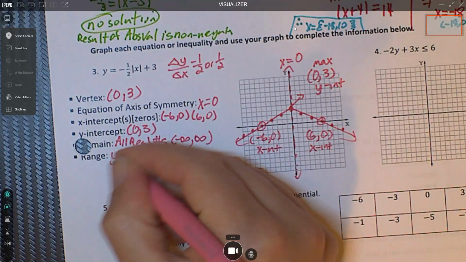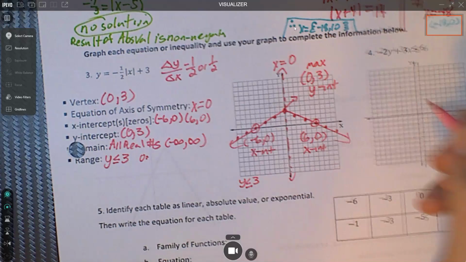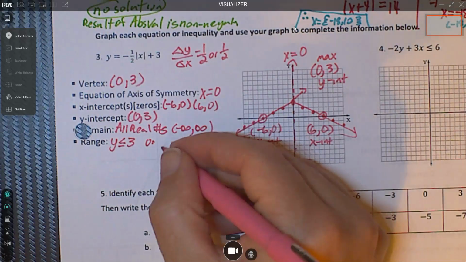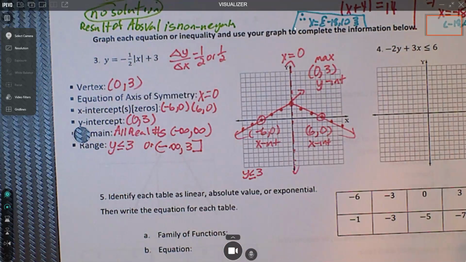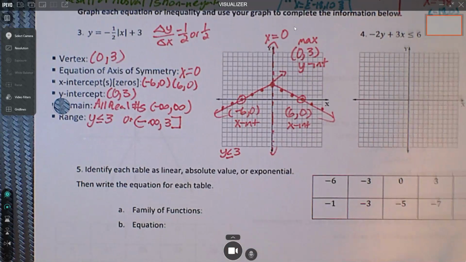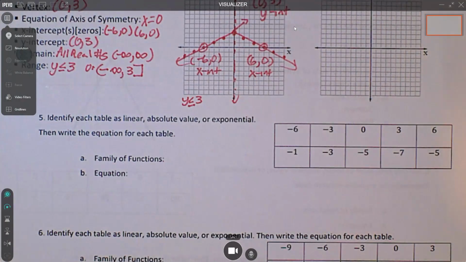So y is less than or equal to 3. Or if you go negative infinity to 3 bracket. Okay, I forgot about number 4.